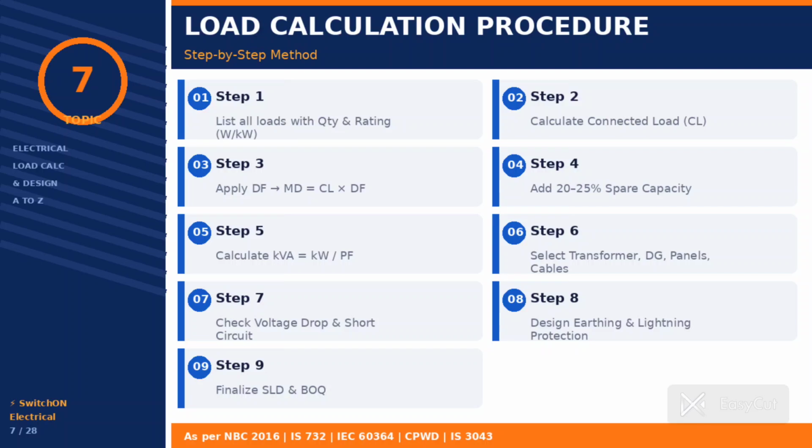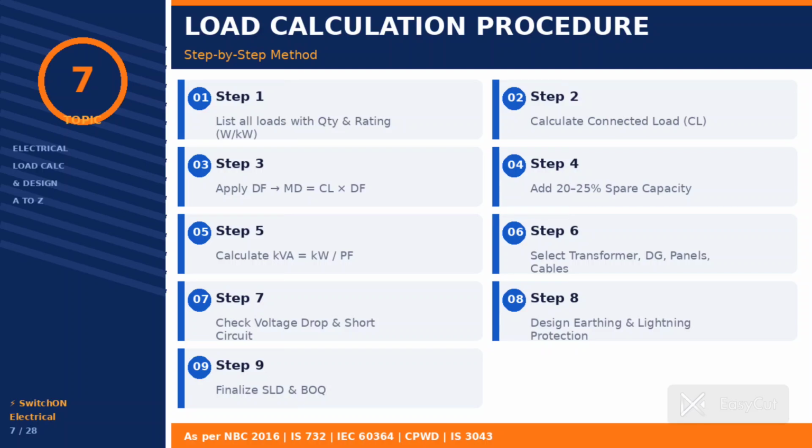That is, it will always be greater than 1. In case you are mentioning it in percentage, how will be the formula? That is maximum demand is equal to connected load into diversity factor, right?